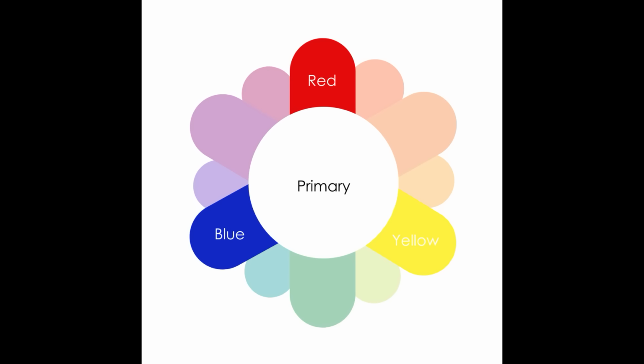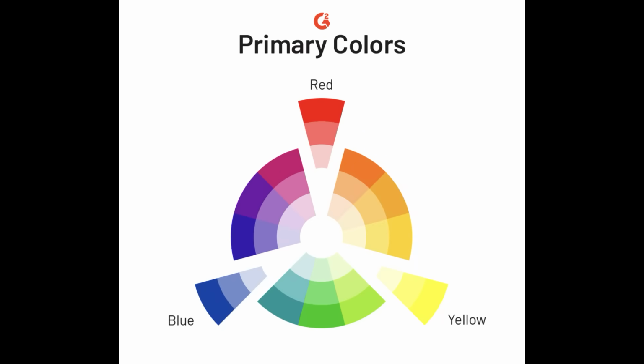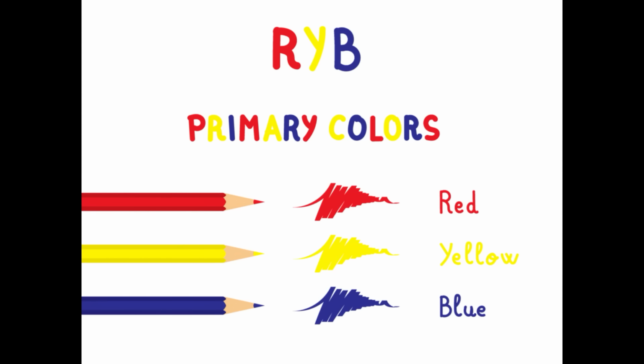On the color wheel, primary colors are equally spaced apart. Also known as the most basic colors, the natural pigments in the three primary colors, R, Y, B, make it possible for us to see the entire color spectrum of the world around us.